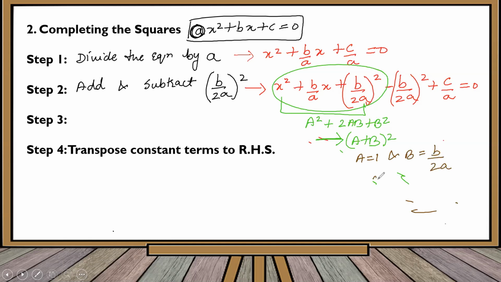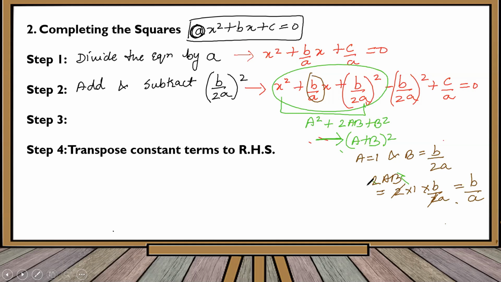So the middle term, that was 2ab, basically that came into 2 into 1 into b upon 2a. So 2 and 2 got cancelled, and what did we have? We have b by a, right? So 2 from here and 2 from here got cancelled, and what we have is b upon a, which is this.